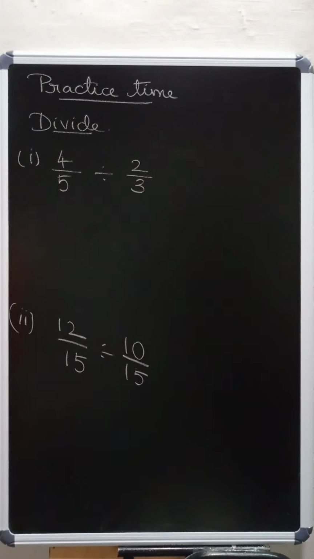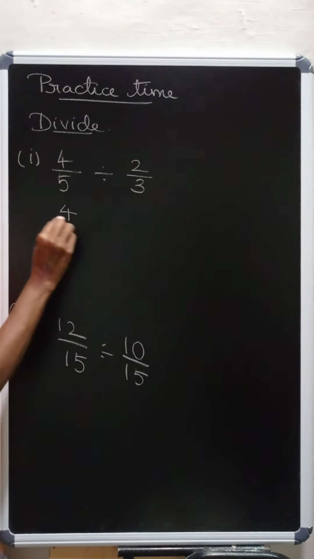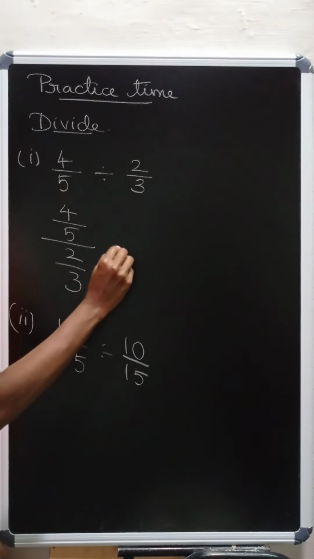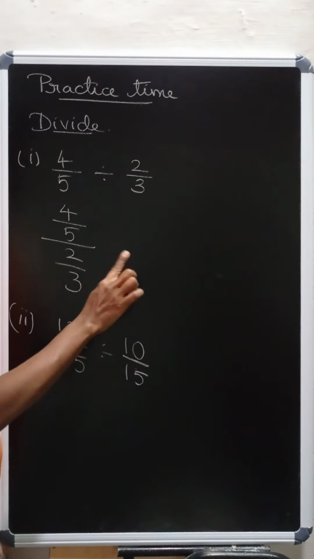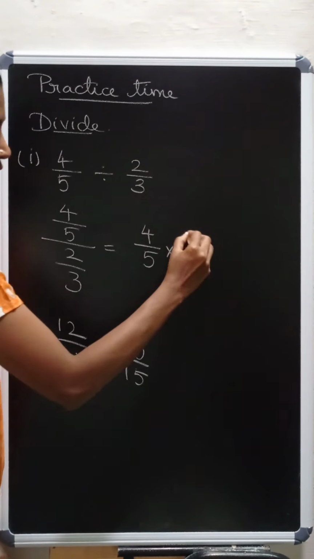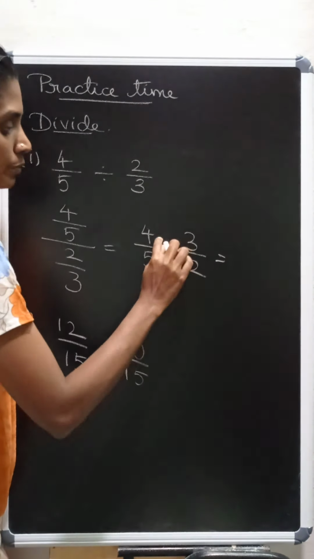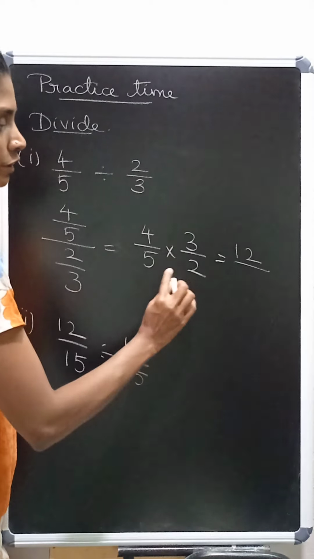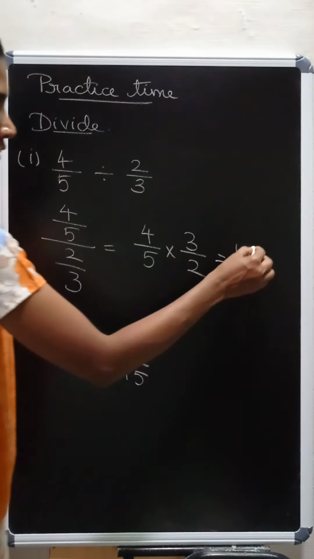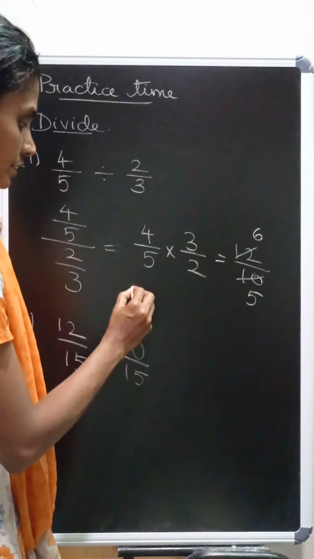Next division. Divide 4 by 5 divided by 2 by 3. So 4 by 5 divided by 2 by 3. Take the reciprocal, into 3 by 2. Multiply the numerators. 4 3s are 12. Multiply the denominators. 5 2s are 10. 2 6s are 12. 2 5s are 10.